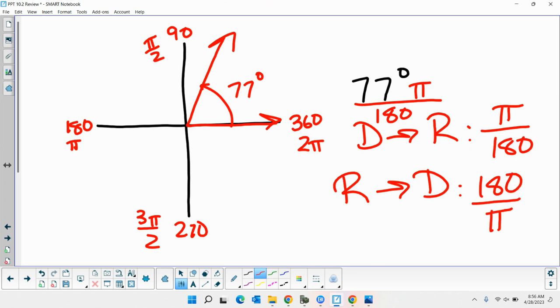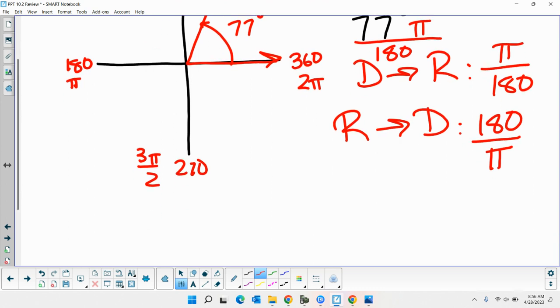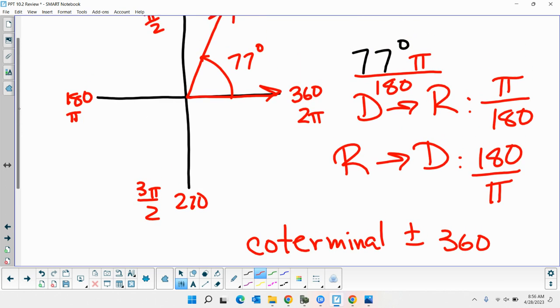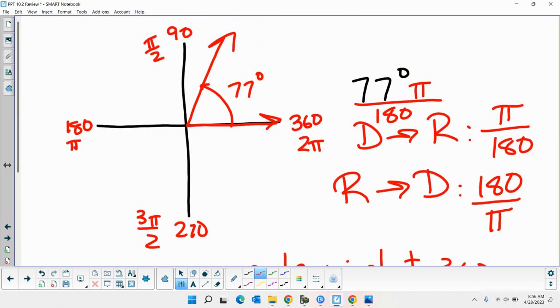What do we say about coterminal? Add and subtract what? How many degrees to get around again and stop at the same spot? 360, right? So let's find a negative coterminal angle to that 77.